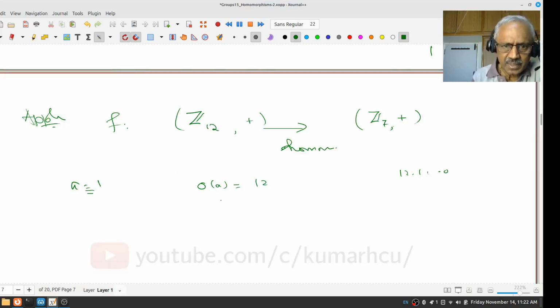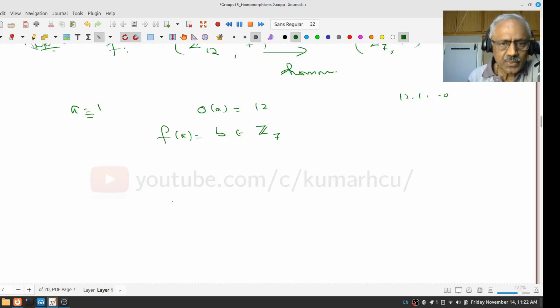Now suppose f of A is an element B in Z7, right? Therefore what do I know? Therefore 12 must divide, let us look at the order of B. Now what are the possibilities?